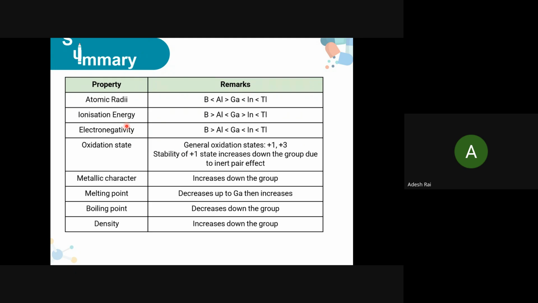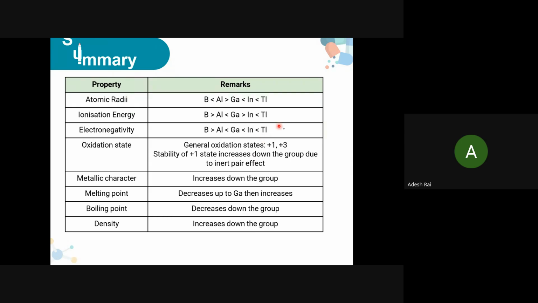And in this family, atomic size variation takes place twice, in gallium as well as thallium. So because of that, the electronegativity trend is affected. And what was the trend? From boron to aluminum, it decreases and then slightly it starts to increase. So boron is more electronegative than aluminum, but aluminum is less than gallium, gallium is less than indium, and indium is less than thallium.